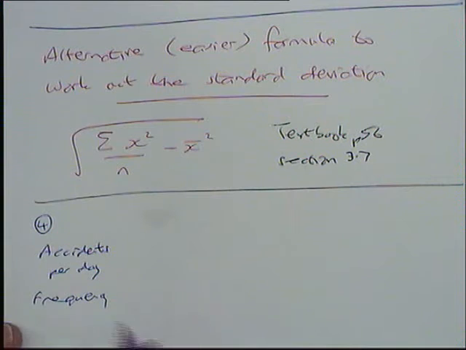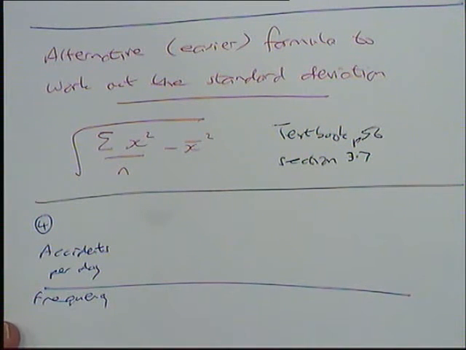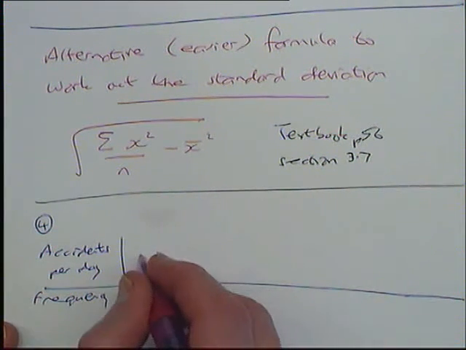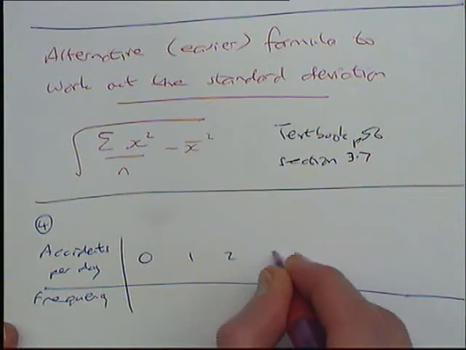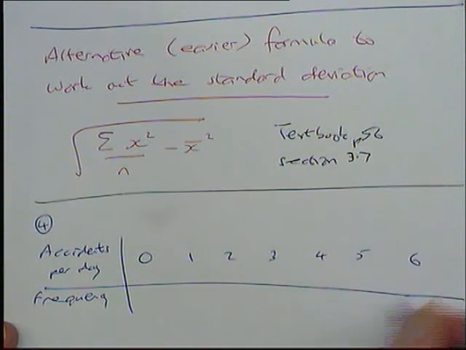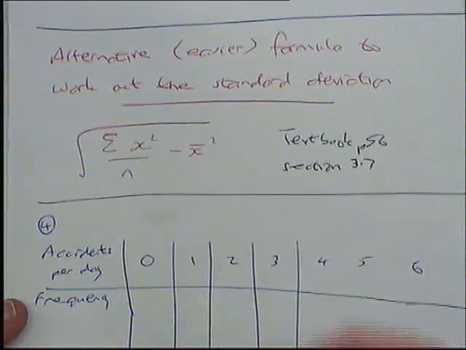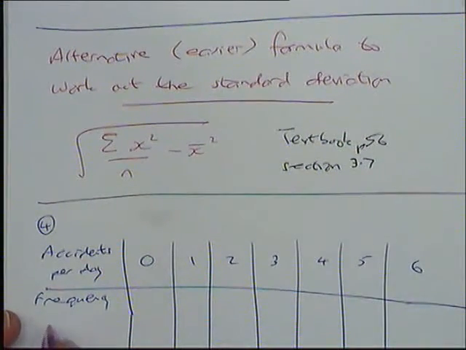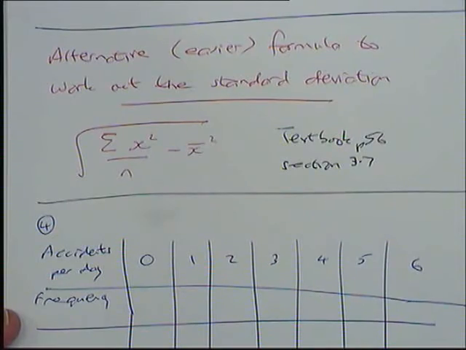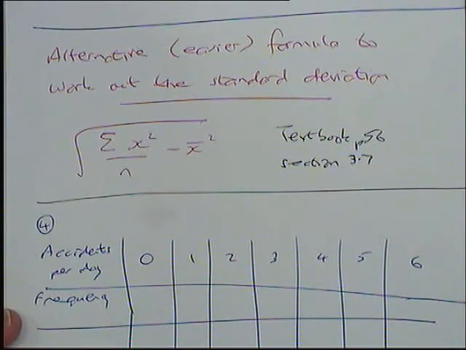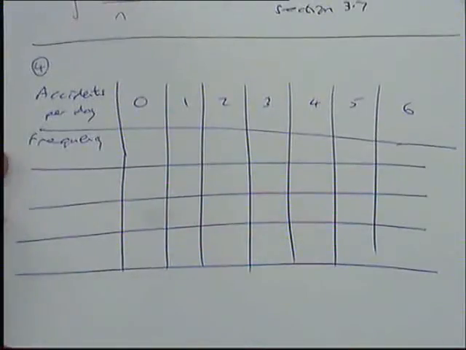Give yourself space for 4 rows after that. And there are going to be 7 columns after that: 0, 1, 2, 3, 4, 5 and 6. Beautifully drawn out table, if I may say so myself.